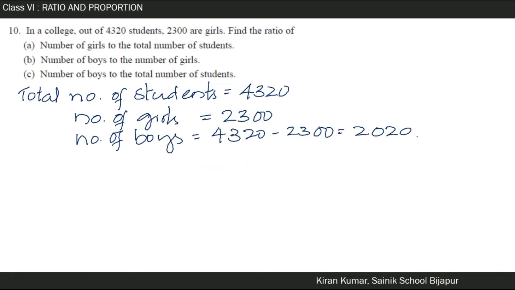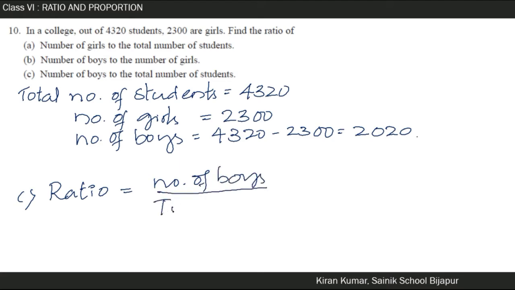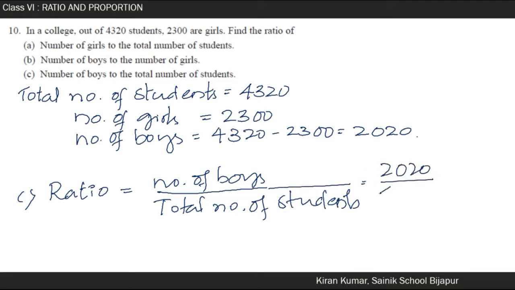The third one is ratio equal to number of boys to total number of students. Number of boys are 2020 and the total number of students are 4,320.